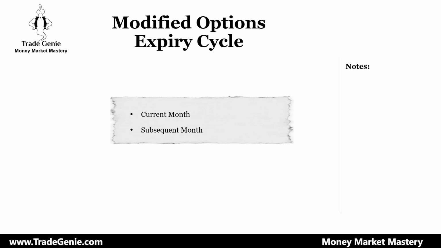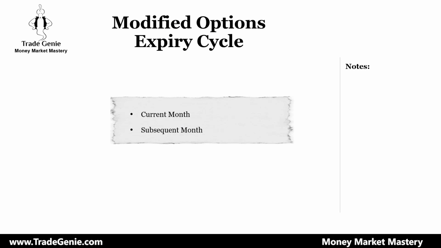But then they said no, from the current month, let's say if it's August, we are jumping into October or November or December, we need a smooth transition. So they said the subsequent month will also be added automatically. So the current month and subsequent month concept come through something they implemented called the modified option expiry cycle. So there is a subsequent month, and the current month is always there.